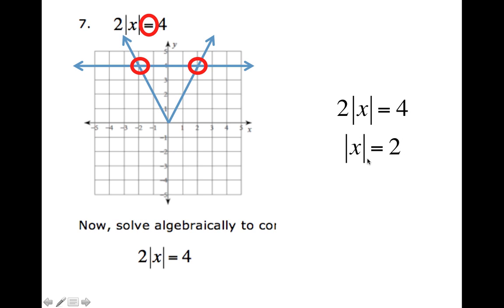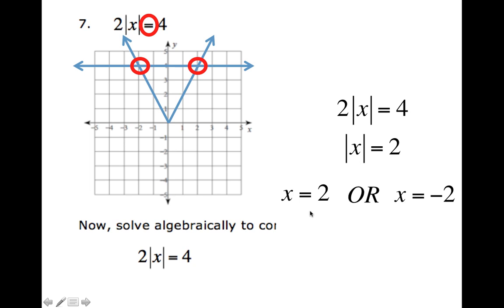Now for absolute values, as you know, if you're going to put some numbers into there for x, the only way to get an answer of 2 is to put in a +2. You could also put in a -2, because that will come out as +2 also. So an important step when solving absolute values is always to change it into regular equations, but there's always going to be two of them.